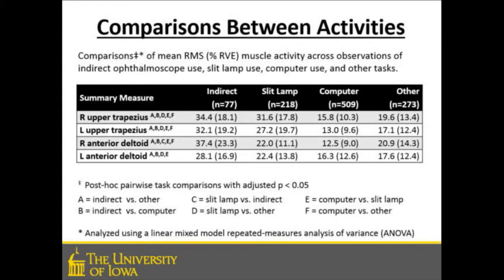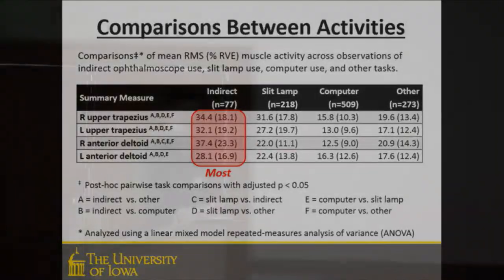But generally, regardless of if I'm looking at the right or left upper trapezius or the right or left anterior deltoid, typically the clinical activity of using the indirect ophthalmoscope required the most muscular effort. And this was followed by the slit lamp, and then the least intensive activity was using the computer for documentation purposes.